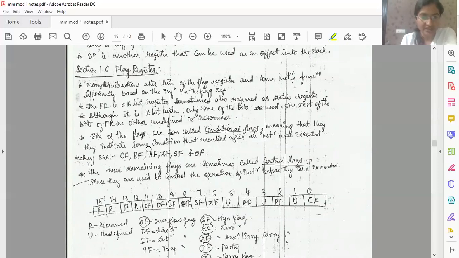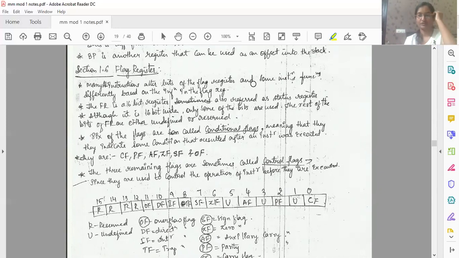Many ALU instructions alter bits of the flag register, and some instructions function differently based on the information in the flag. The operations affect the flags, and the content of the flags will also affect the processor.